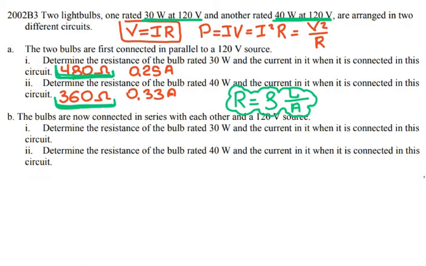So that doesn't change. The resistance of each bulb is still the same. This one is still 480 ohm and this one is 360 ohm.